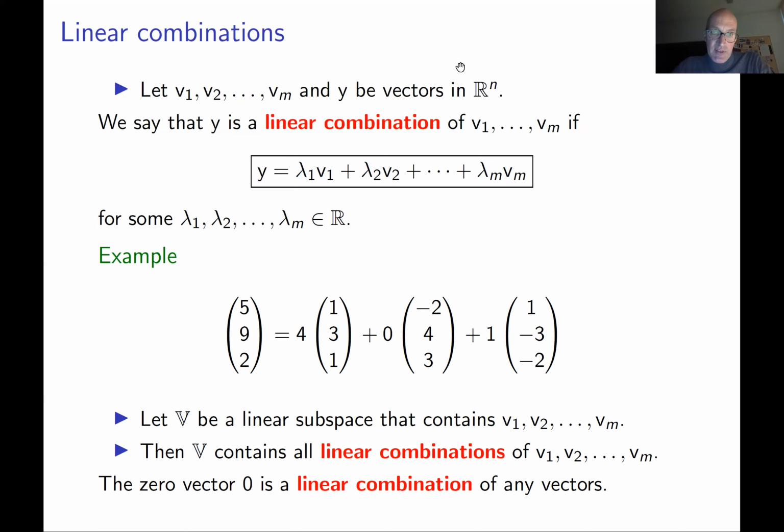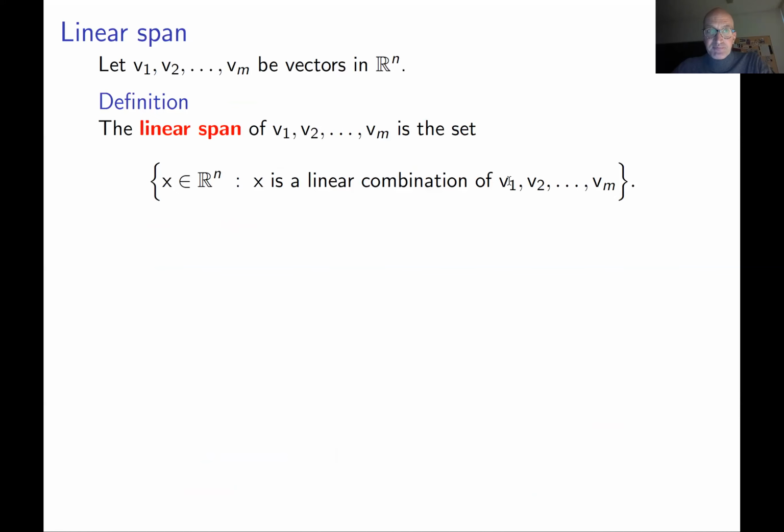Look, if in this black box y is 0, you can put lambda 1, lambda 2, ..., lambda m to be 0, regardless of what the vectors v1, ..., vm are, and you always get equality. So the zero vector is always a linear combination of any given vectors.